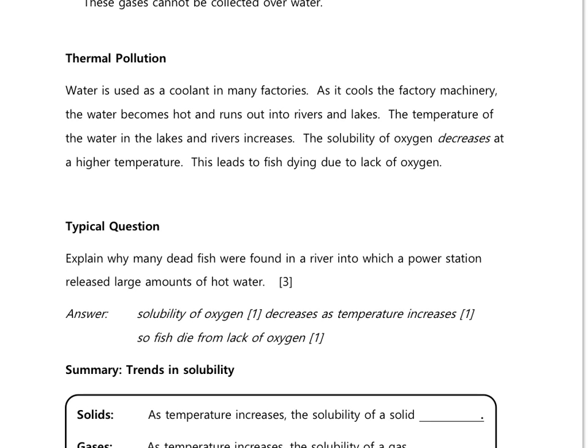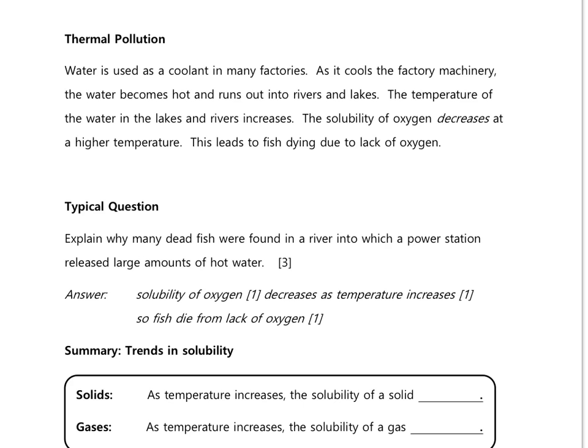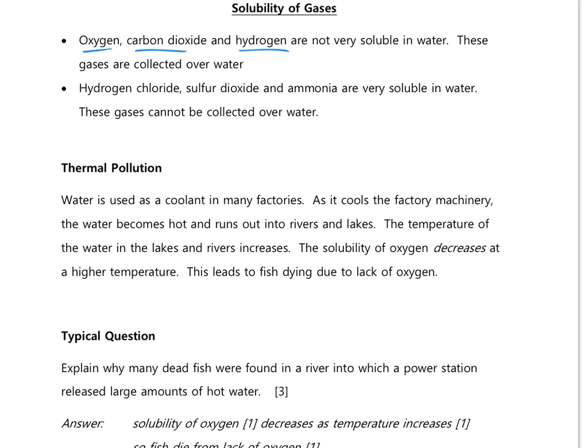But what is important for your exam is this idea of thermal pollution. And so what happens is we have factories. I'll try and draw a wee factory here. Okay, that's my factory. We'll have a chimney and some smoke as well.